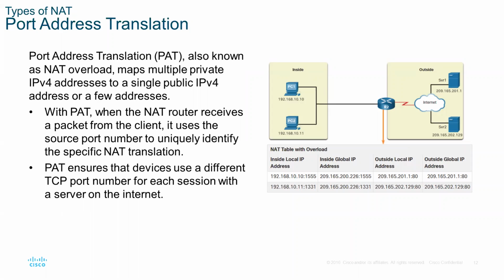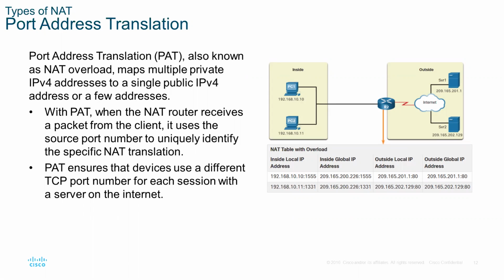We can have more than one conversation occurring in the translation process. So regardless of the local source inside local address, if we still have available port numbers on the global address, we can still use the translation process for that IP address. We just use a different port number.